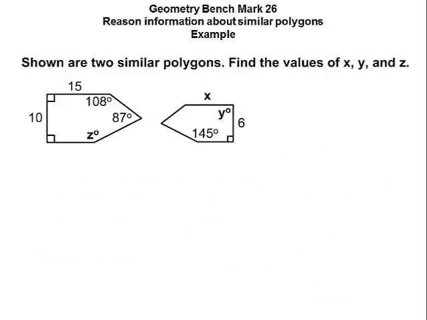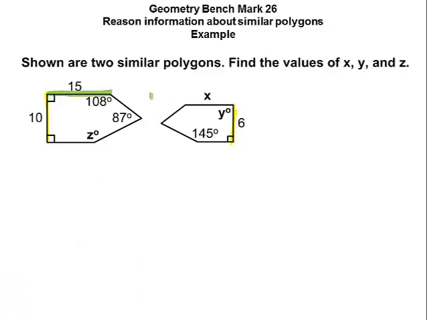Okay, so let's look at a problem. We have two similar polygons. I have to find the values of x, y, and z. Now, if I look at this, I can determine which sides match each other. I'm going to switch to a highlighter. Obviously, this flat side matches this flat side.